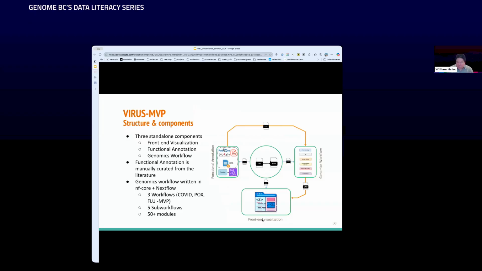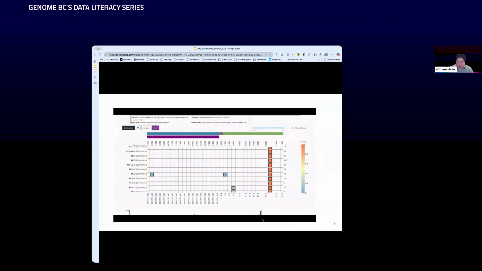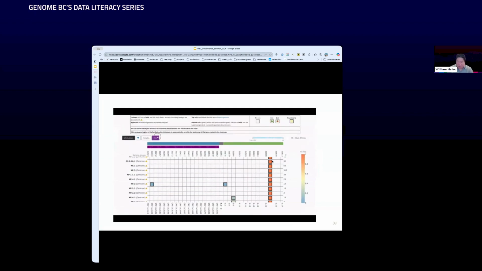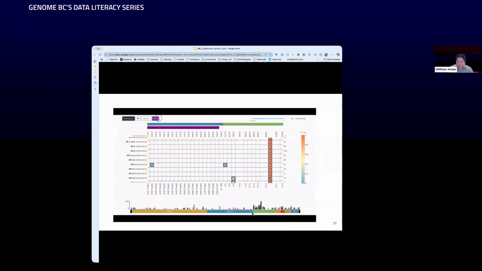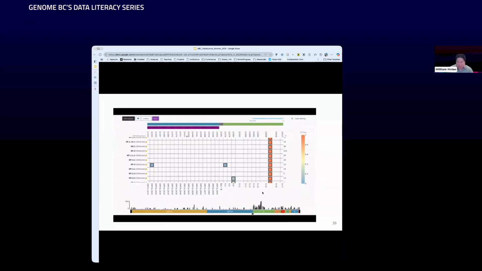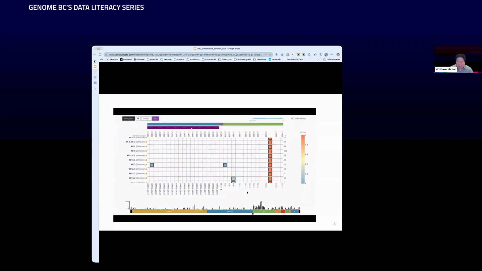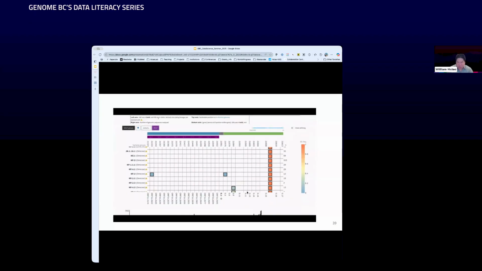It consists of both the bioinformatics workflow and a graphic user interface to highlight the mutations found in the genomes, and then linking those mutations to known functions through literature search.